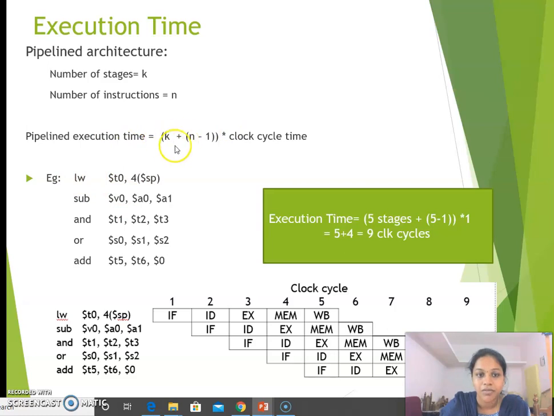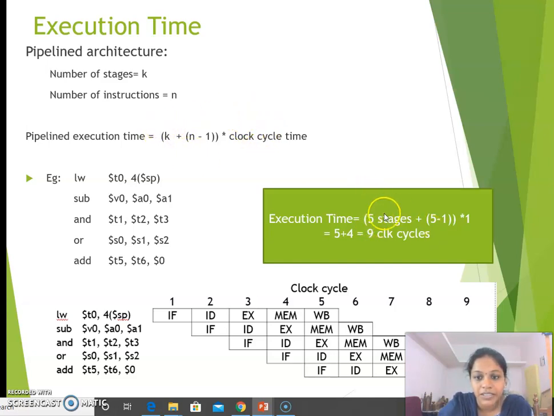The number of instructions in our example is 5, so n minus 1 instructions is considered. So 5 plus 4, into clock cycle time. Let us assume that this delay is common for every stage and it is 1. So the clock cycle time is 1. If the delay is varying, we have to pick the maximum delay and substitute it in this place.